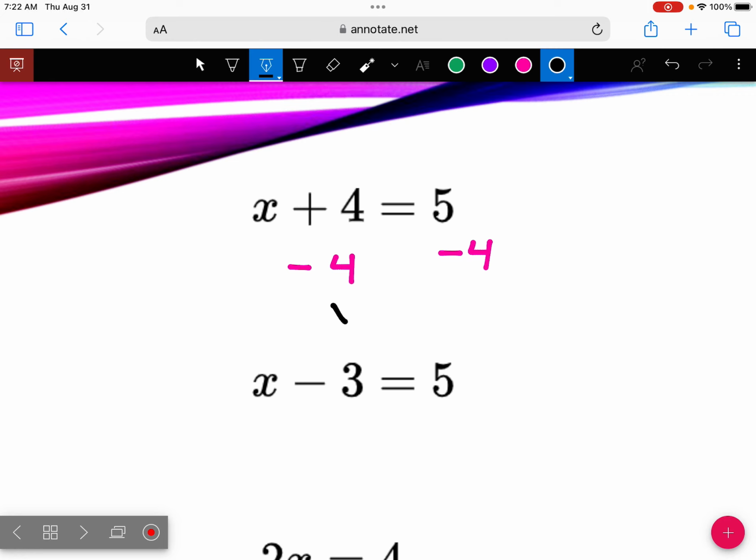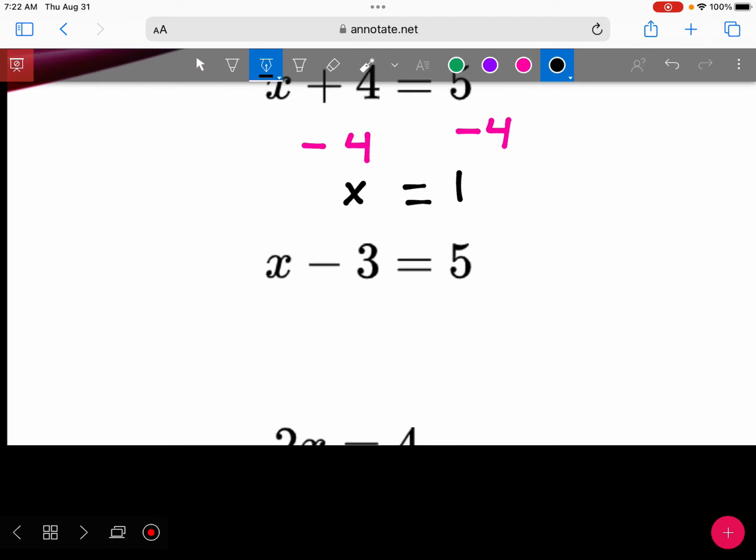That's going to give me that x equals 1. As long as I do the same thing to both sides of the equal sign, I can do whatever I want. Minus 4 is the most helpful. If I start multiplying or dividing stuff, it's going to get fractiony and weird.